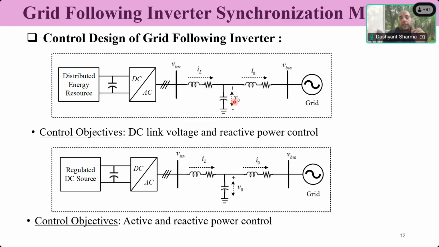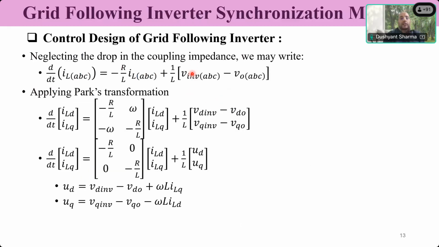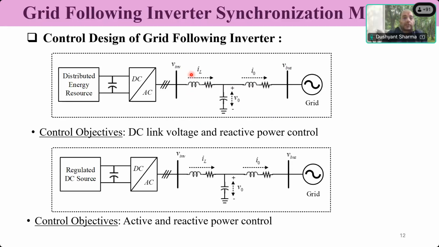So how much voltage difference do we create? You can have the mathematics of this inductor. We all can derive the equation. It's very simple. We write L di by dt, the voltage across the inductor, minus Ri is equal to the voltage difference.